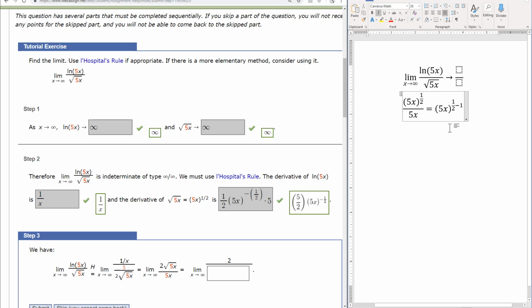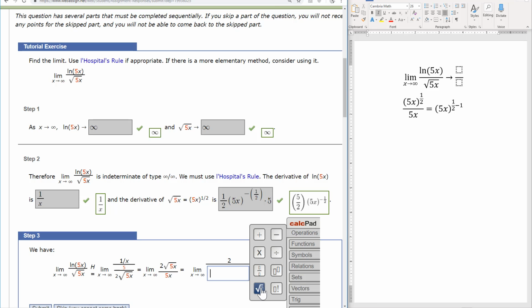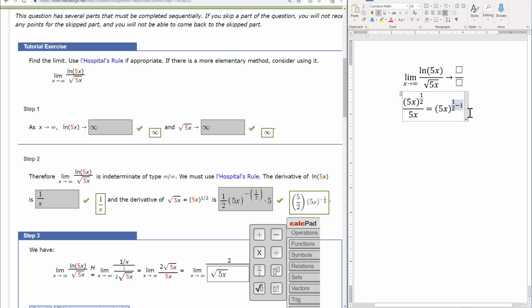So the negative 1/2 can be shown as a square root in the denominator, so this is just a regular plain old 5x. Okay, well, let's make sure that this is clear. This whole thing is equal to this thing raised to the negative 1/2 power.